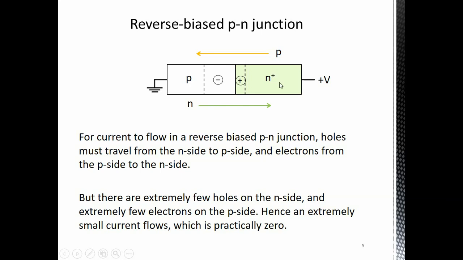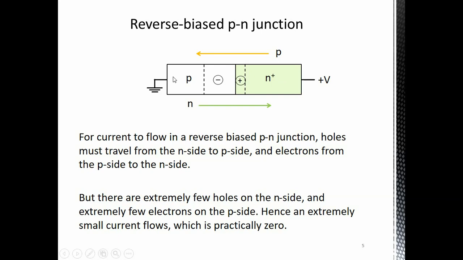Similarly, there are very few holes on the N side. Let me rephrase. The fact that there are very few electrons on the P side means that very few electrons will go from the P to the N side, very few holes will go from the N side to the P side, and therefore the total current will be very small.